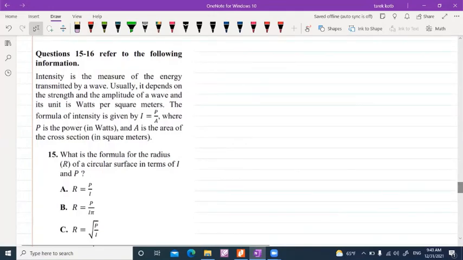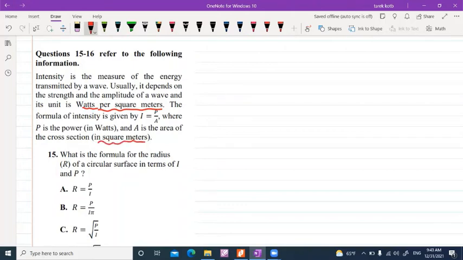Intensity is the measure of the energy transmitted by a wave. Usually it depends on the strength and the amplitude of the wave. And its unit is watts per square meter. Look at this. The formula of intensity is given by I equals P over A, where P is the power in watts and A is the area of the cross section in square meter.